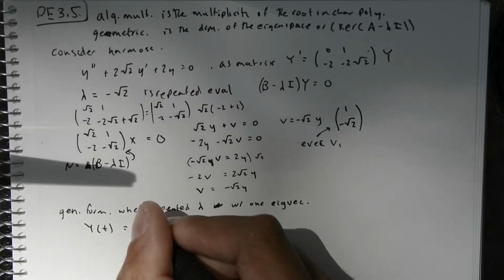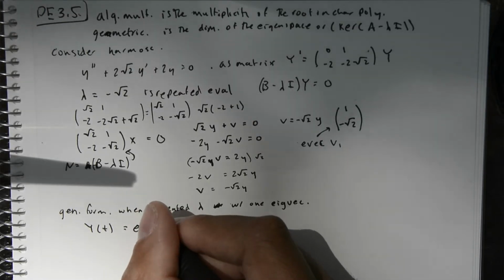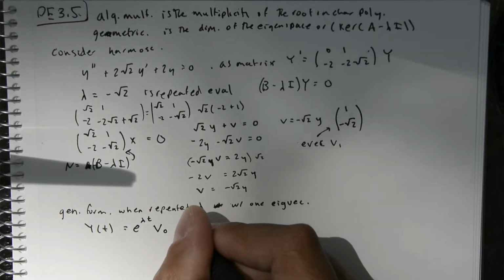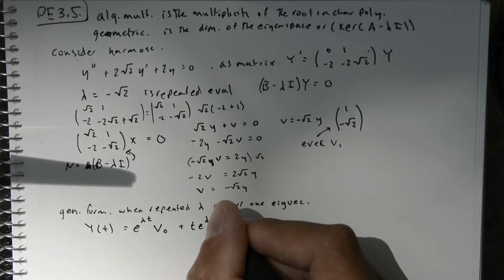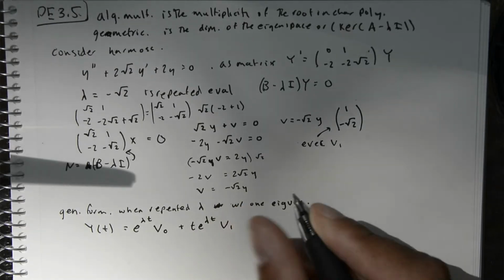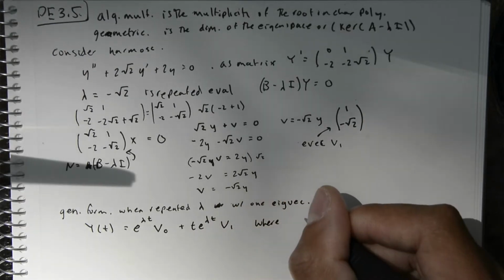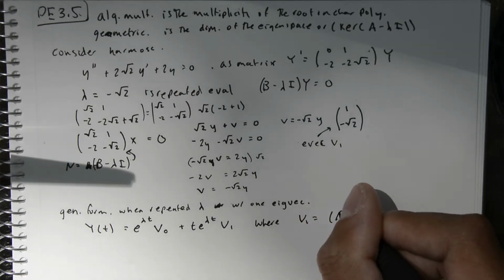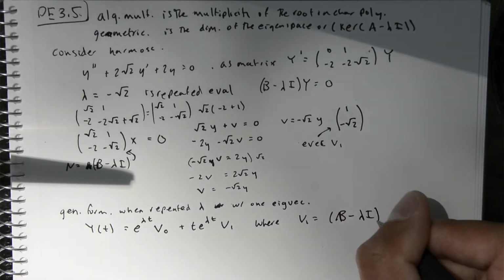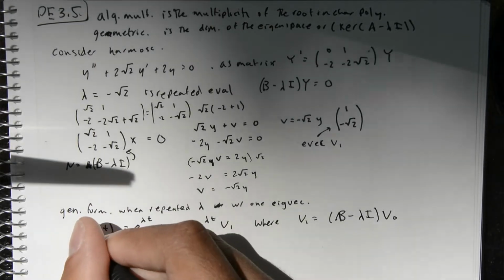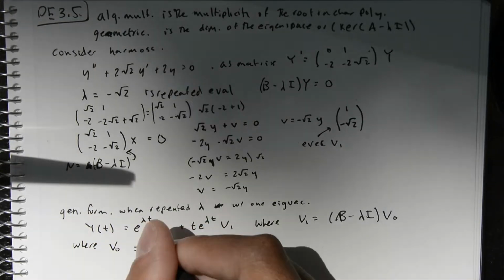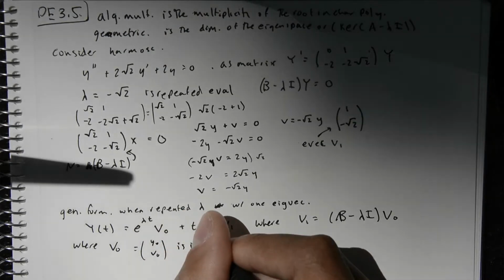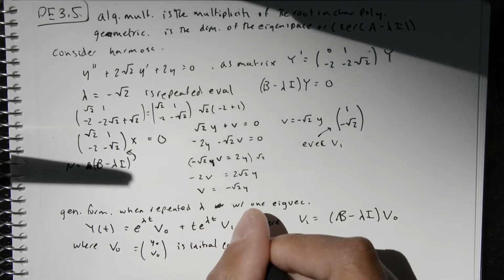e to the lambda t v0 plus t e to the lambda t v1, where v1 is equal to B minus lambda I times v0, where v0 is equal to y0, the initial condition.